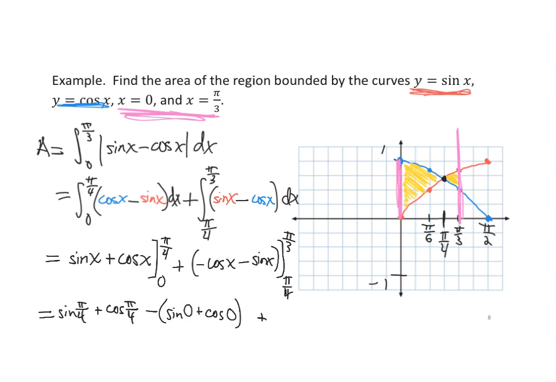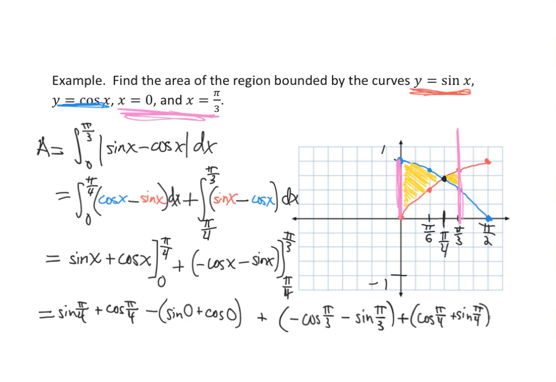And then the second integral, when we plug in the numbers to finish out using the fundamental theorem of calculus, we have negative cosine pi over 3 minus sine pi over 3 minus the quantity of two things that both have negative signs in front of them. So why don't we just change it all to plus, make it simple. Plus cosine pi over 4 plus sine pi over 4.